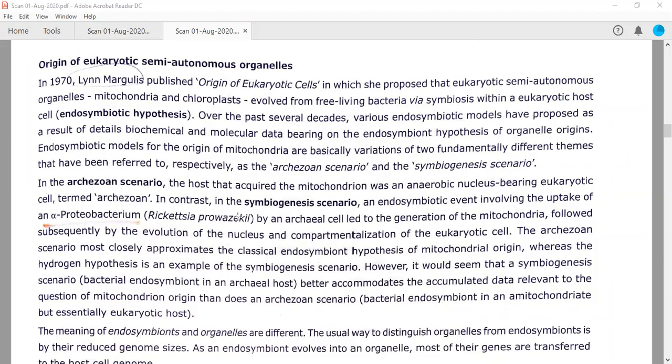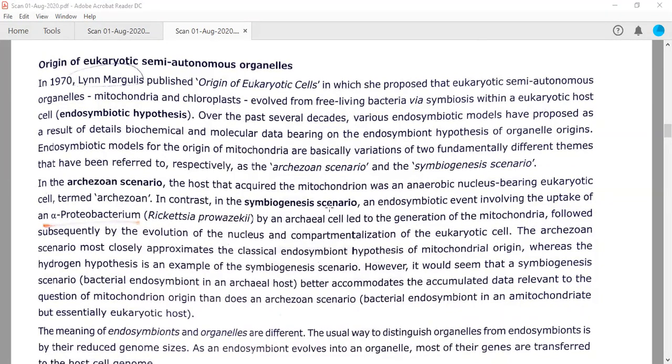You should remember this name because mitochondria evolved from this organism only, Rickettsia prowazekii, by an ancestral archaeal cell, leading to the generation of the mitochondria, followed subsequently by the evolution of the nucleus and compartmentalization of the eukaryotic cell.